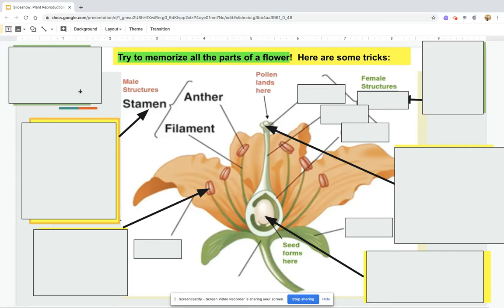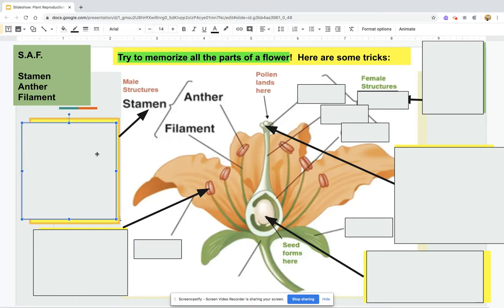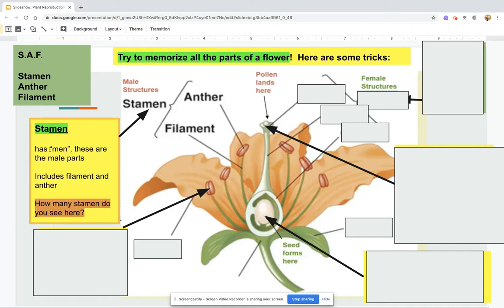Okay? So what's one way we can use to remember this? So if you go here, it says SAF, stamen, anther, filament, right? So stamen is the entire structure. The anther is on top of the filament, okay? So stamen has men in the word, and these are the male parts.